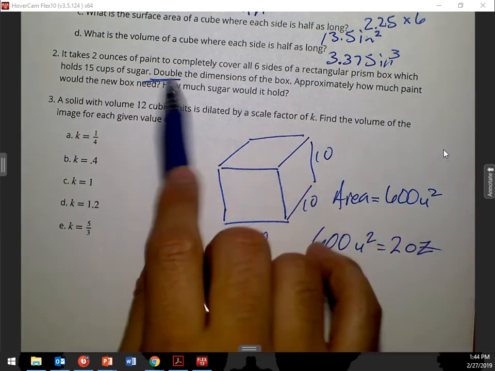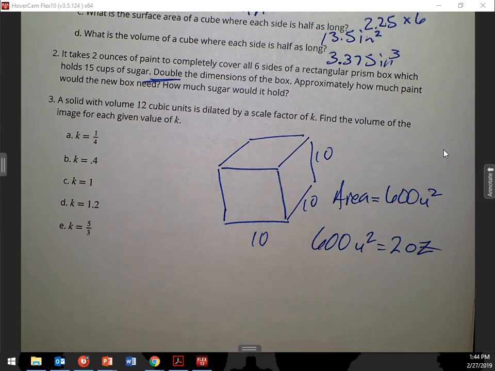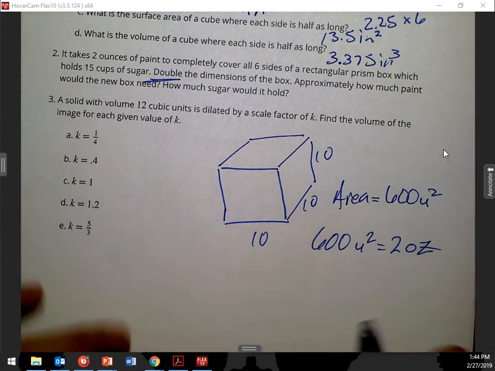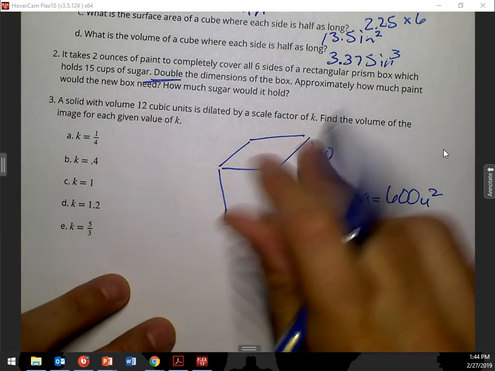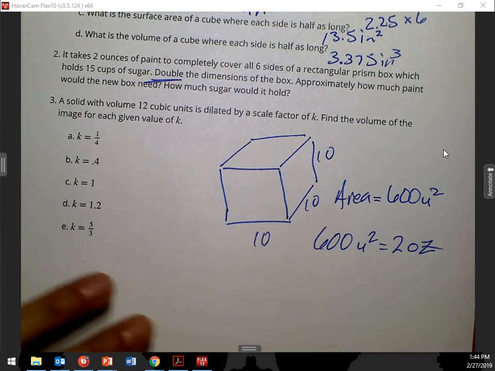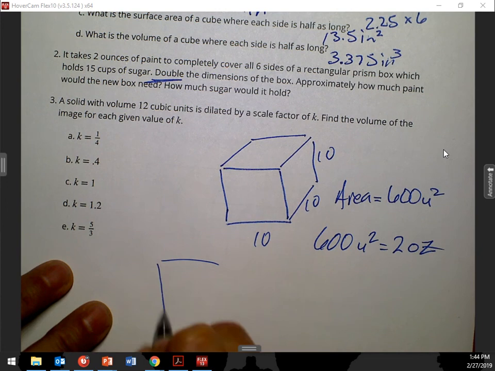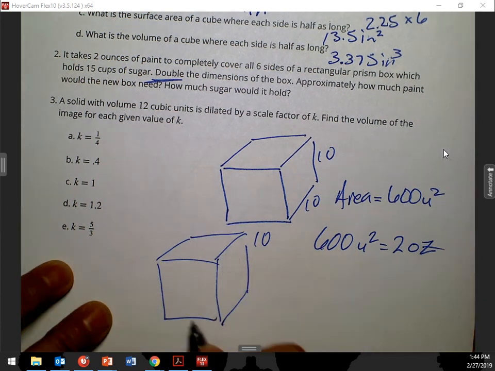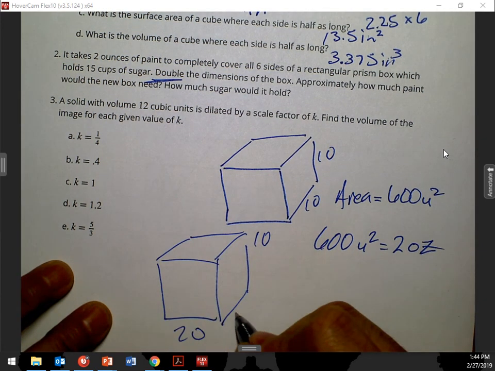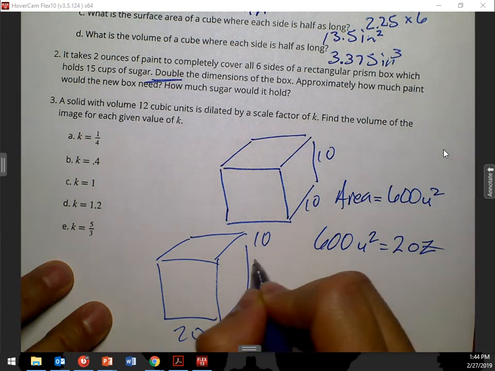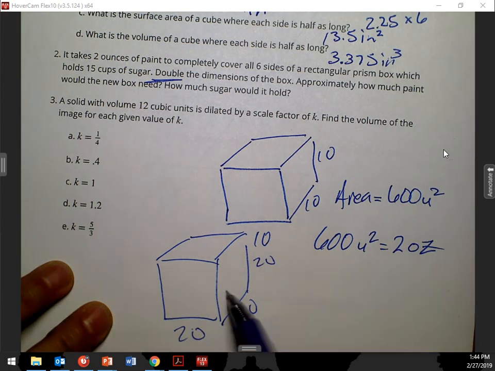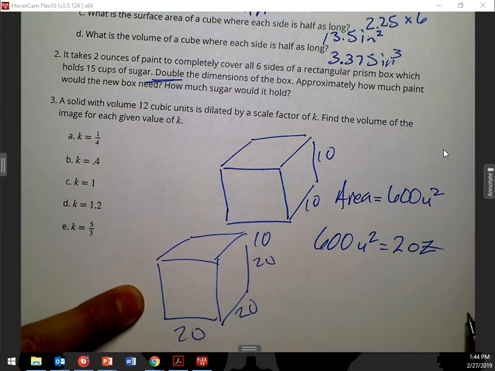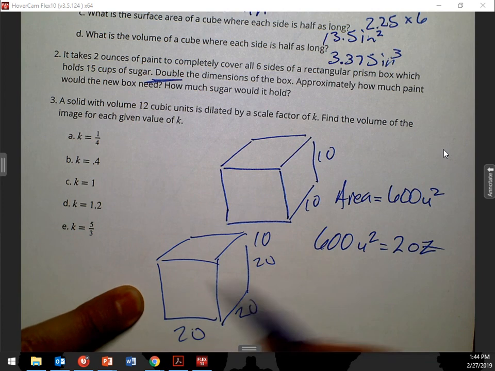Okay. Now we're going to double the dimensions of the box. Let's double the dimensions of the box. Alright. So now it's going to be 20, 20, 20, right? Yeah, because each one is doubled, right? 20 by 20 is 20 times 20.